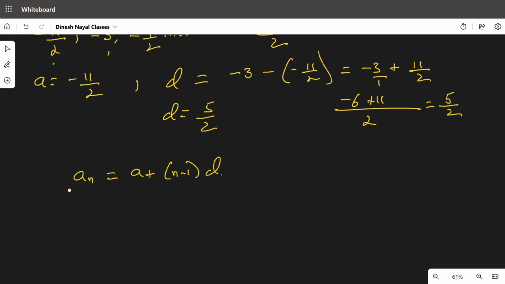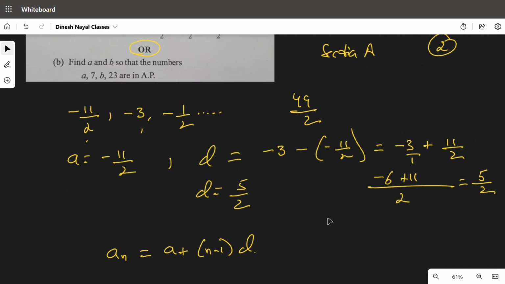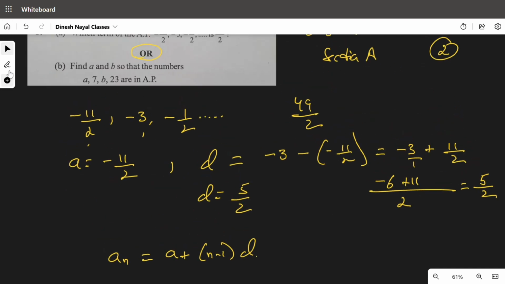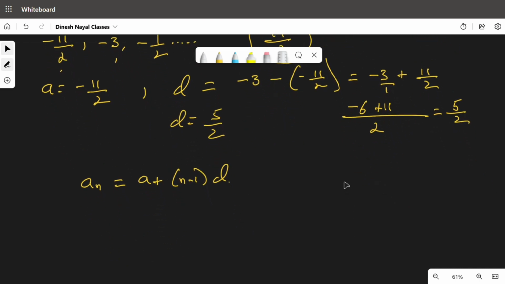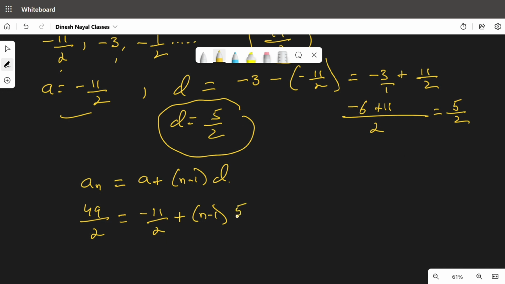Now an is given as 49 by 2. So substituting the value of an as 49 by 2, the first term is minus 11 by 2, plus n minus 1 into d, and we have calculated d as 5 by 2.